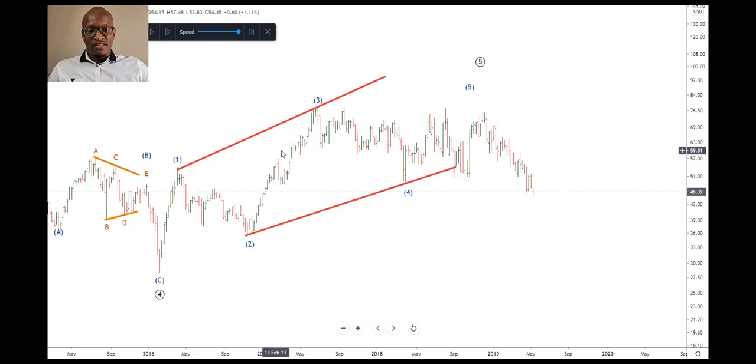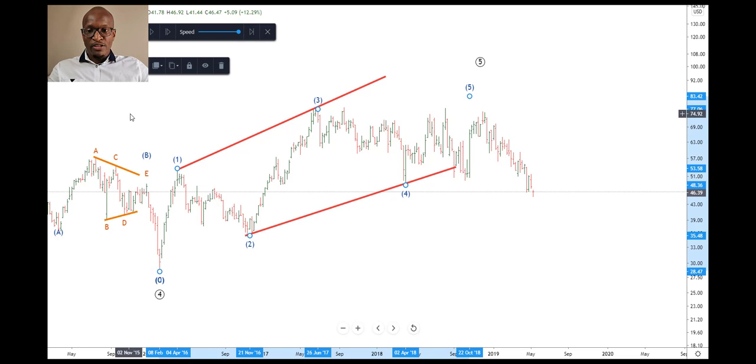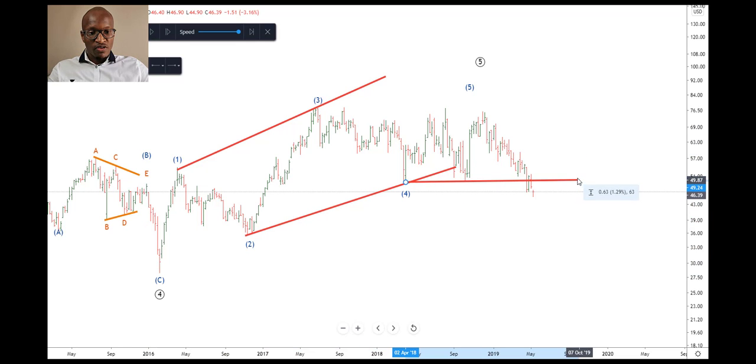Something that's critical, if we have this as wave 4, the best way to know when the ending diagonal is complete is when the market breaks below the wave 4 low.